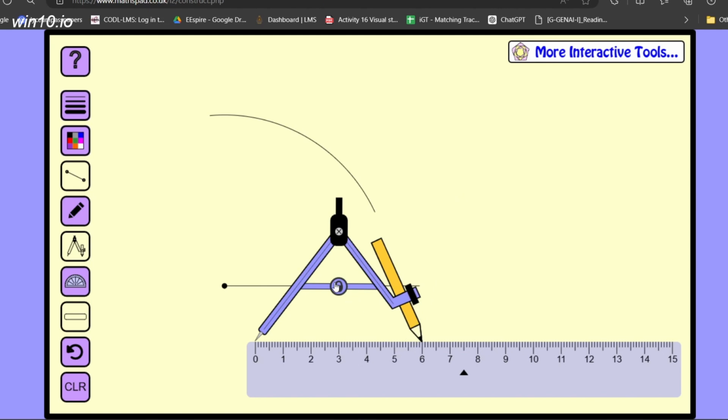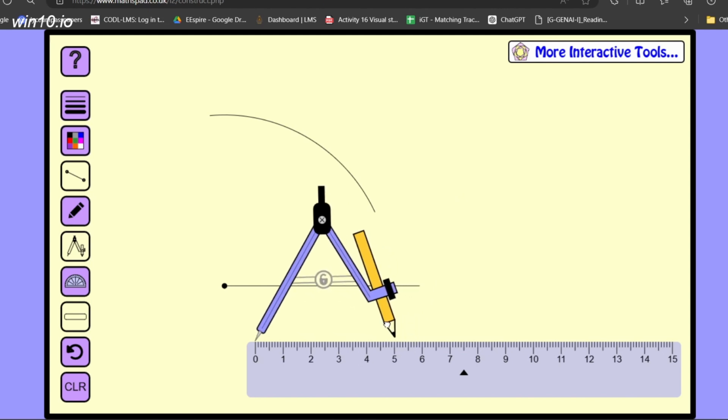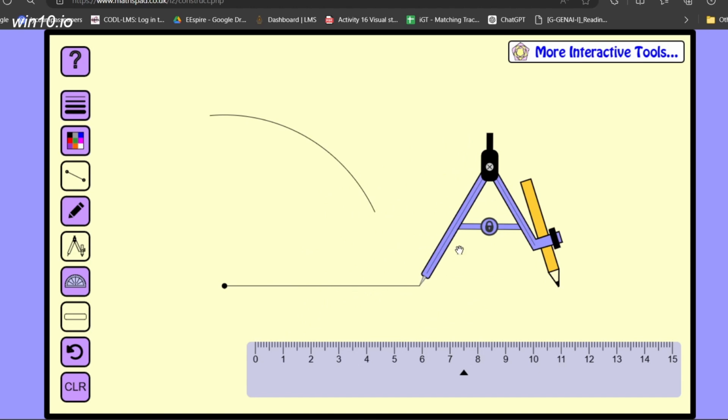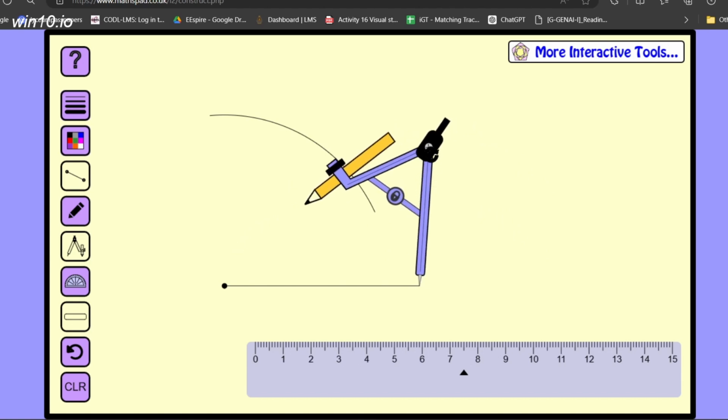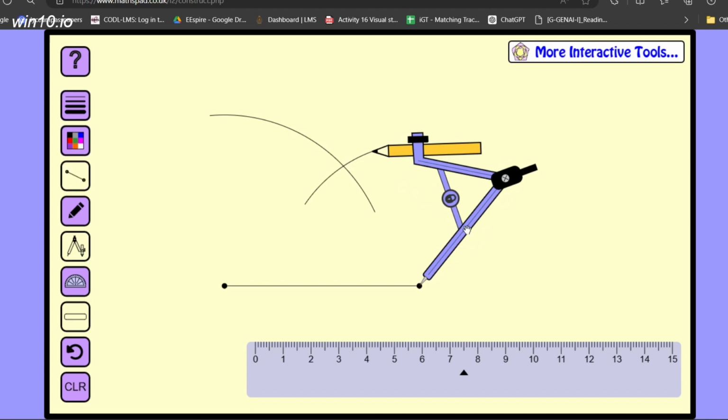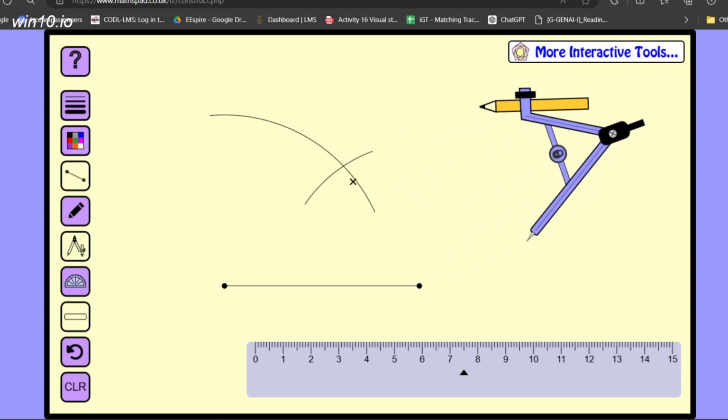That's 5 centimeters. We have to get 5. Then put the compass point needle here. Rotate this and get the intersection point. Okay. So this is where the A point will be.